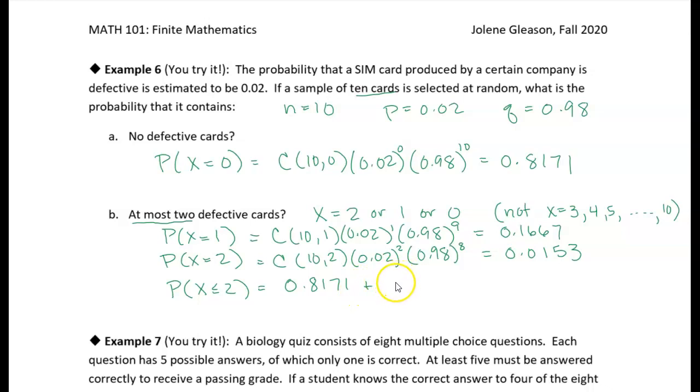The probability of exactly 1 is 0.1667, and then we're going to add the probability of exactly 2, which is 0.0153. Add that all up, and I get 0.9991. Okay, so the probability of getting at most 2 defective cards is over 99%.